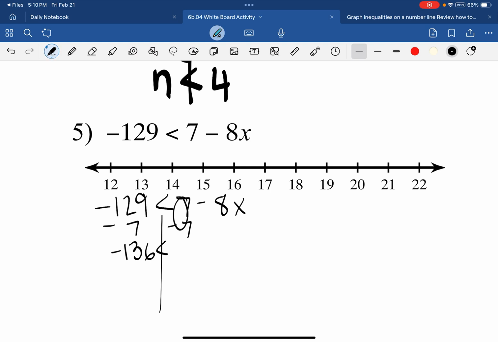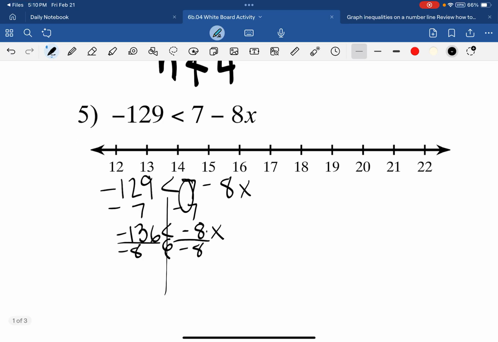And then we're left with the negative still attached to that 8x. And then this is multiplication, so both sides I'm going to divide by negative 8, divide by negative 8. And then this now is going to flip over. This becomes, I think that's 17.